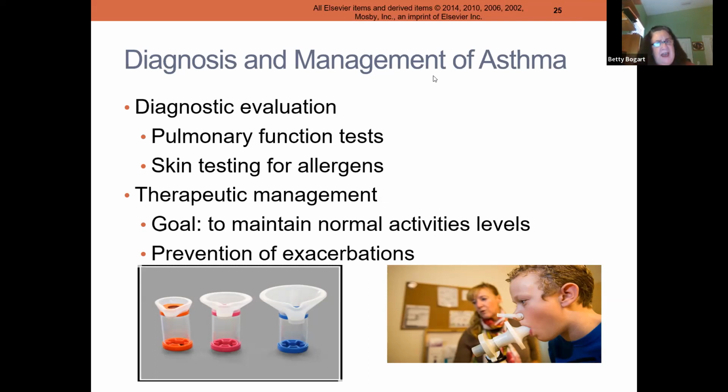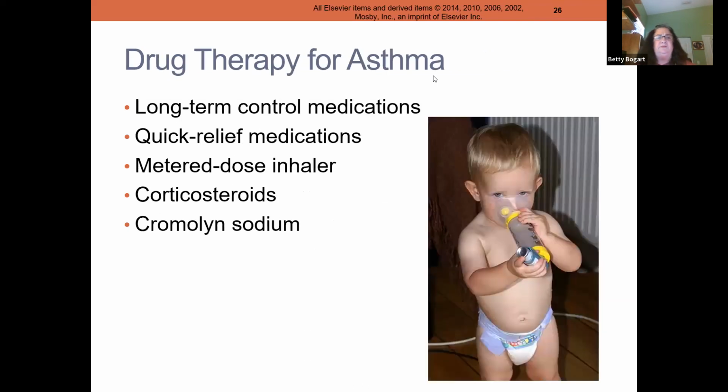It prevents asthma exacerbations. It's not for when you have an acute attack. That's when you use your rescue inhaler, okay? And of course, they now like to give children 2 and older Singulair, which does help. It's like a Claritin, but more specific to the lungs.